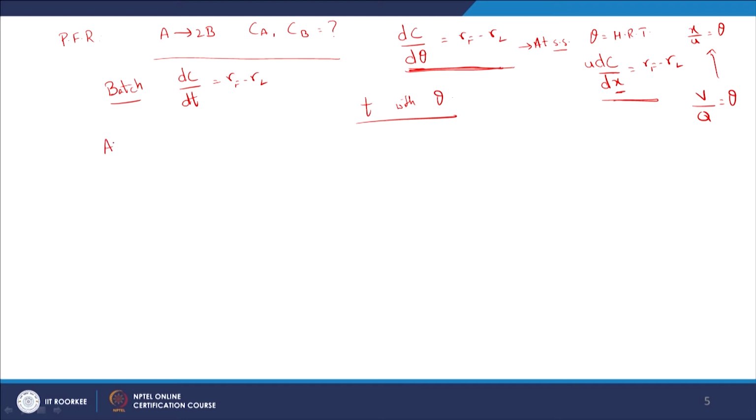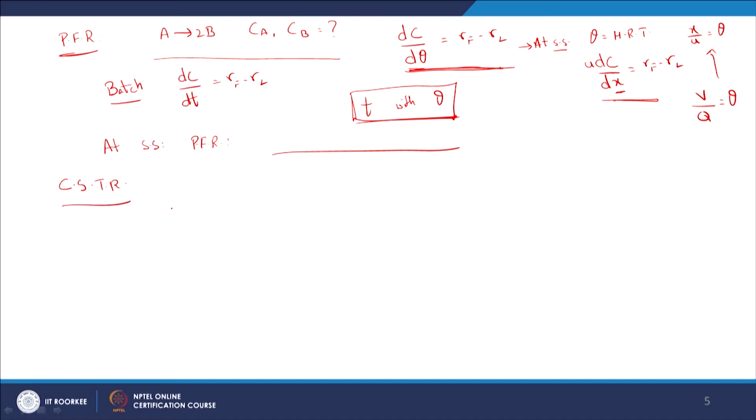So, at steady state the solution for your plug flow reactor for the above scenario is the same as the previous case, but you just replace t with theta. With that we are done with the plug flow reactor, and let us move on to the continuously stirred tank reactor, the CSTR.